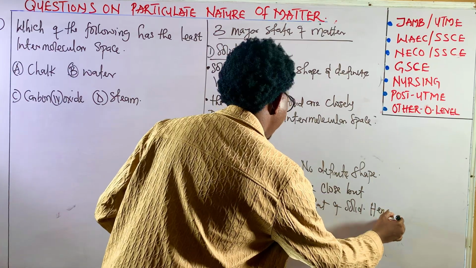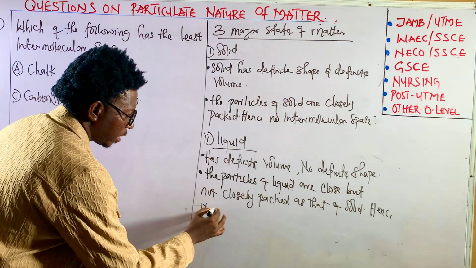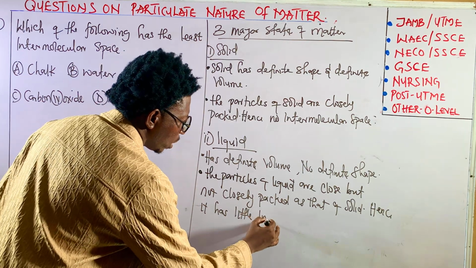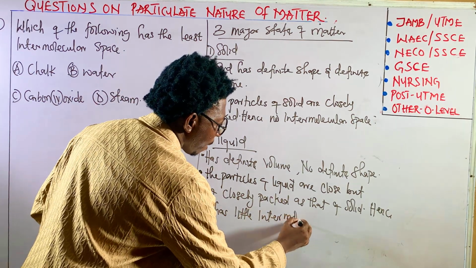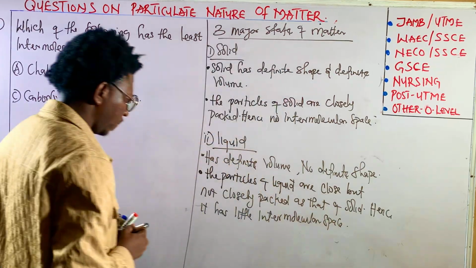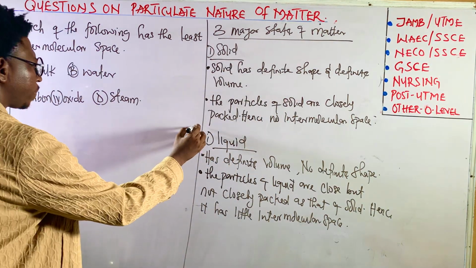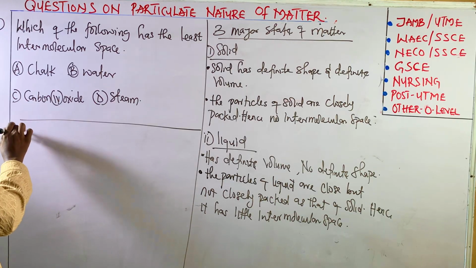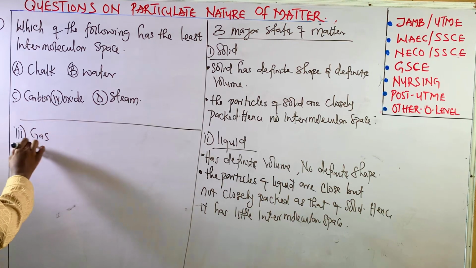Hence, it has little intermolecular space. So we move to the third one, number 3, Roman figure 3, gas, the gaseous state.